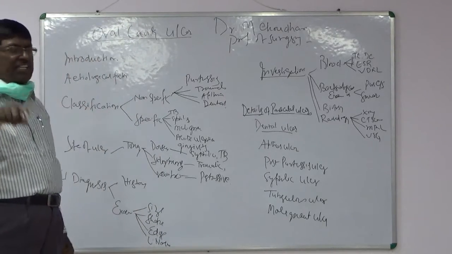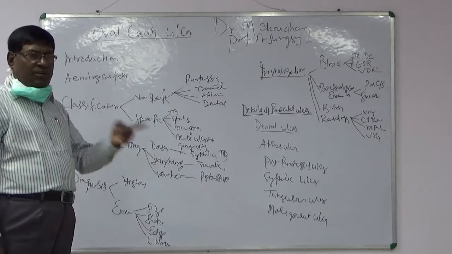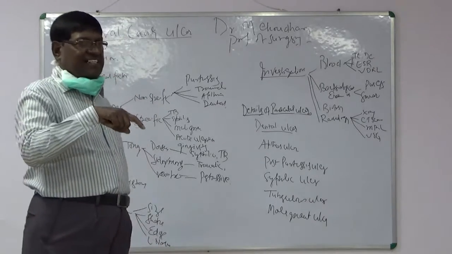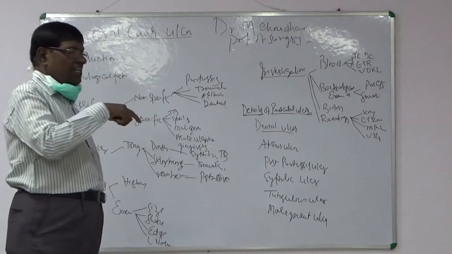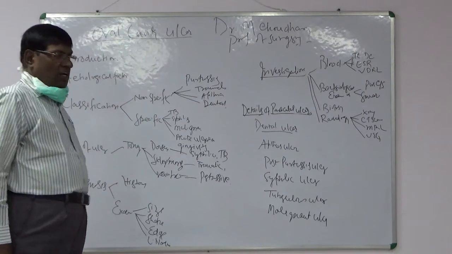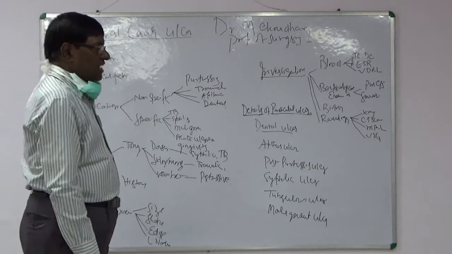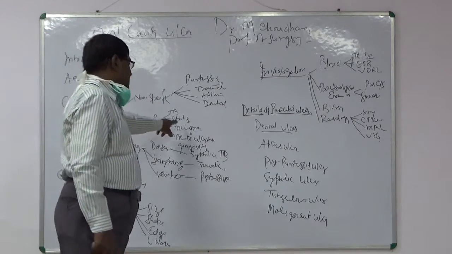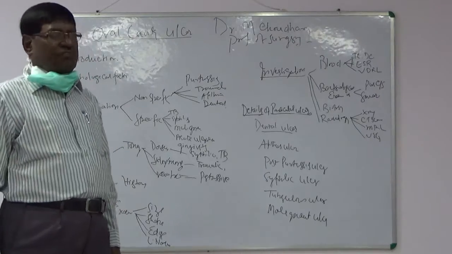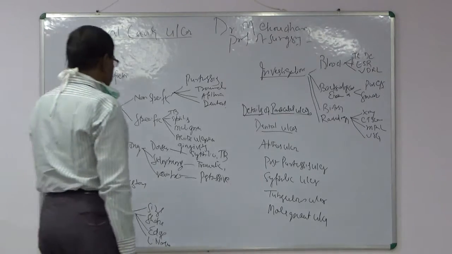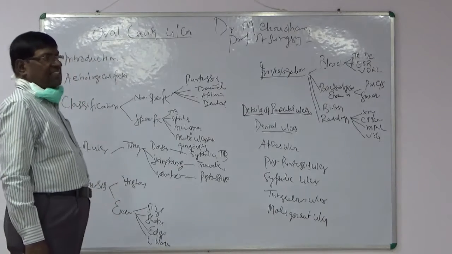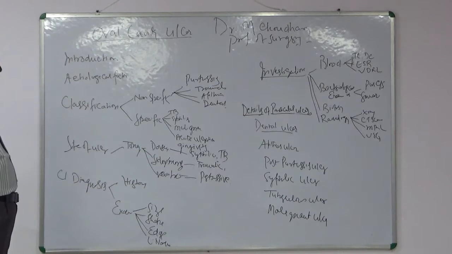These small ulcers coalesce with each other, and after coalescing they form an ulcer called a snail track ulcer, because the pathway looks like a snail walking on the sand. So it is called a syphilitic ulcer in the second or secondary stage of syphilis, and this syphilis causes snail track ulcers in the buccal cavity.